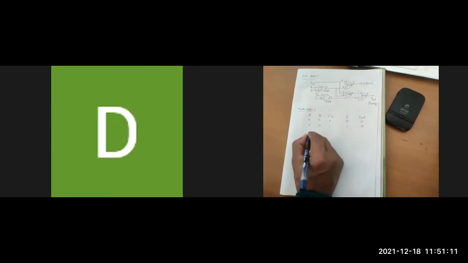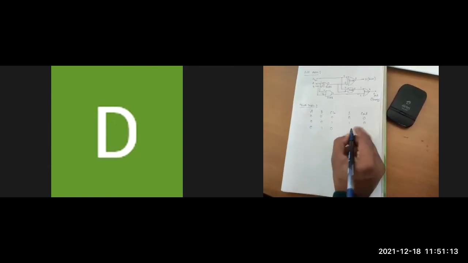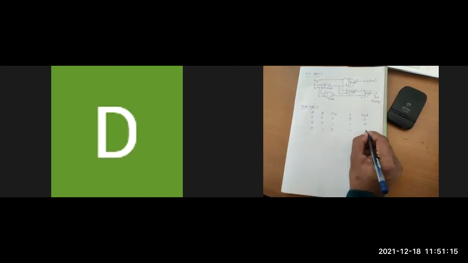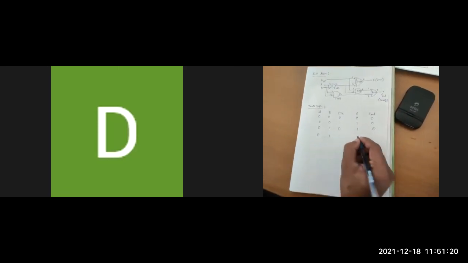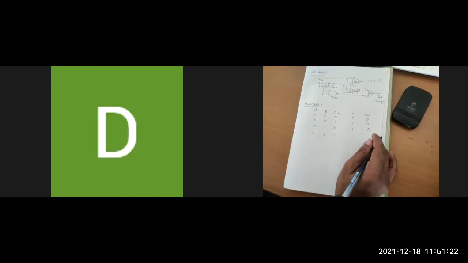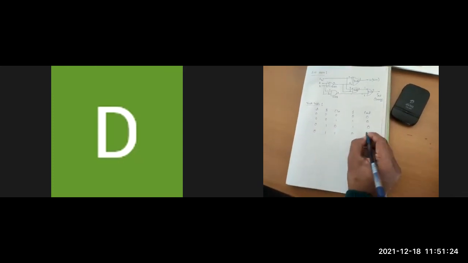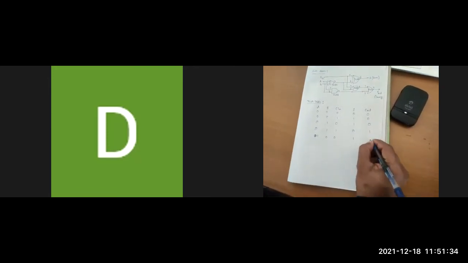Third one is 0 1 0. Sum is 1, carry out 0. Fourth one is 0 1 1. Here for the case of 0 1 1, sum is 0, carry out is 1. Then 1 0 0, here sum is 1, carry is 0.